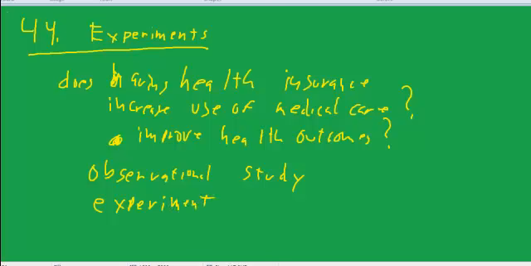And the difference between the two is, in an observational study, who got what we would call the treatment variable is not in the investigator's control.